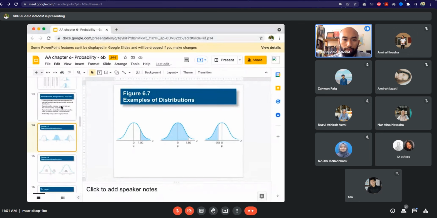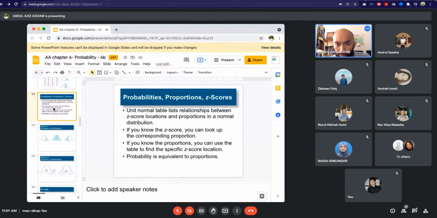Now, here is an example. Before that, let's read. The unit normal table lists the relationship between z-score location and proportion in the normal distribution. If you know the z-score, you can look up the corresponding proportion.